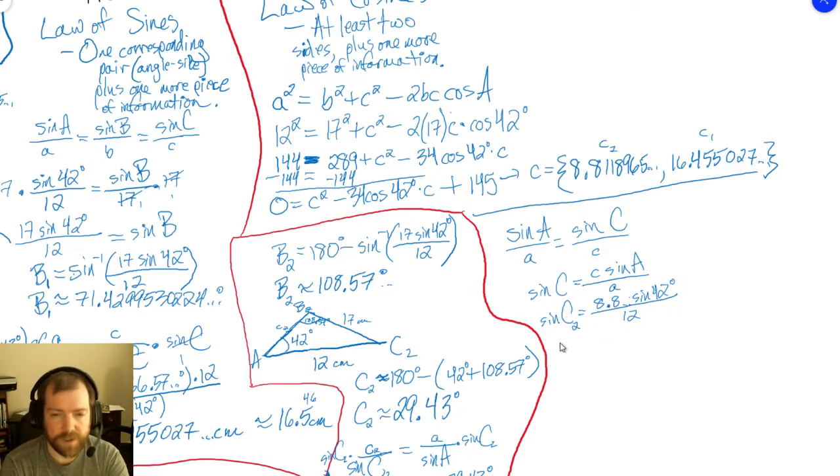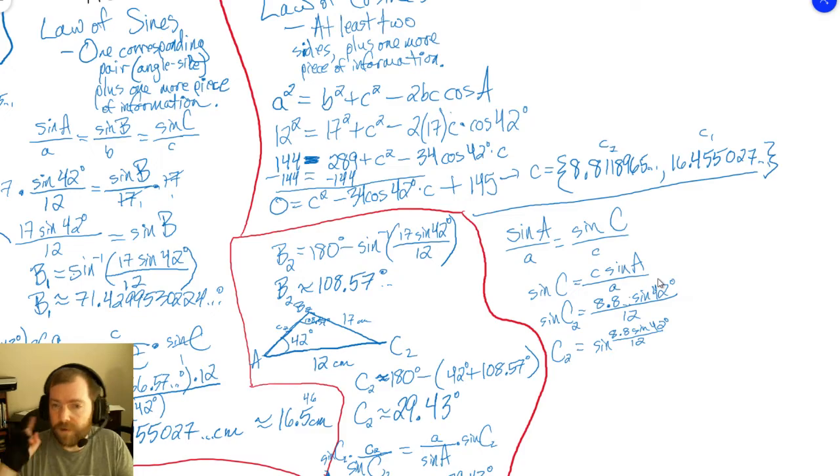So when you do this, you get that C2 is going to be equal to the inverse sine of 8.8 sine of 42 degrees over 12, and that this value must be smaller than 42, because we already had that.